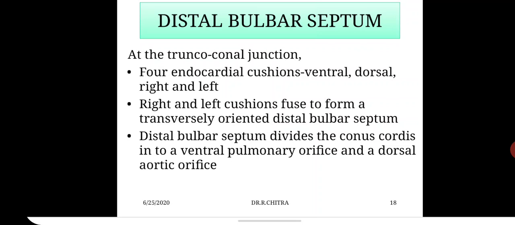If you see proximo-distally, when viewed from above, the proximal bulbar septum is continuous spirally with the distal bulbar septum in an anti-clockwise manner. The proximal bulbar septum appears in the conus cordis, and the distal bulbar septum at the truncoconal junction. The distal bulbar septum is mainly to divide this into two orifices and to form the semilunar valves.